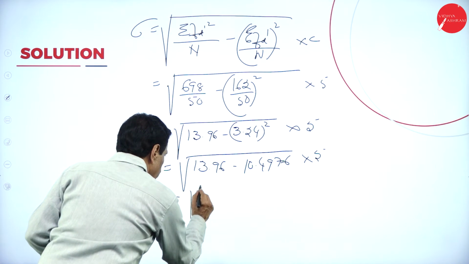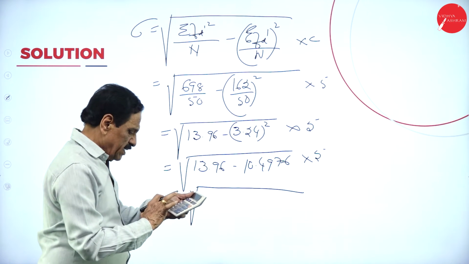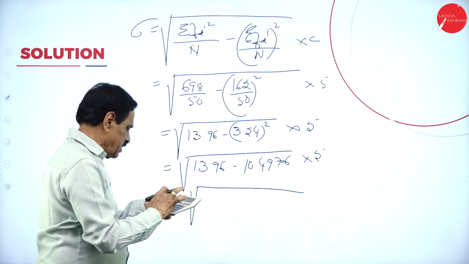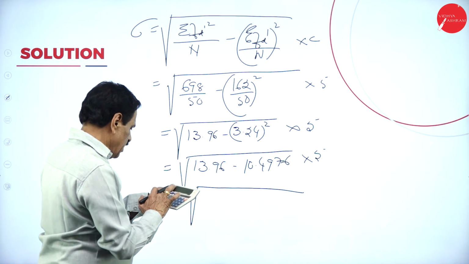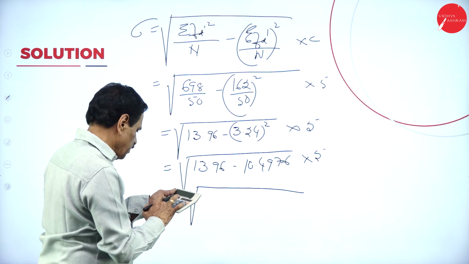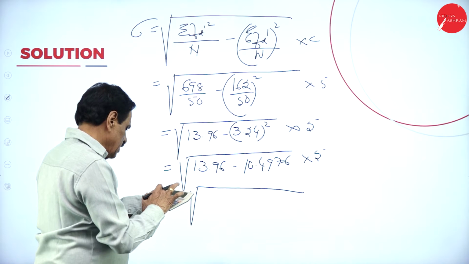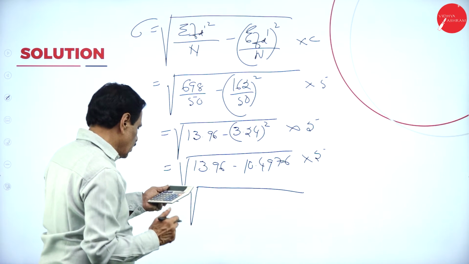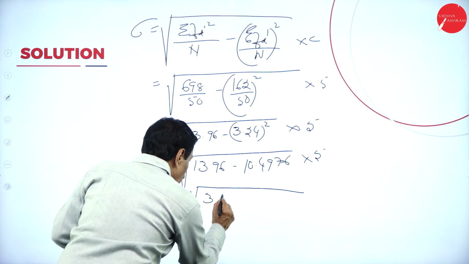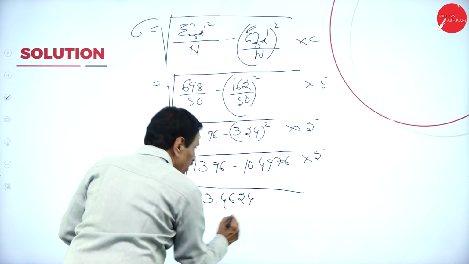Simplify. Root of 13.96 minus 10.4976 is equal to 3.4624 into 5.